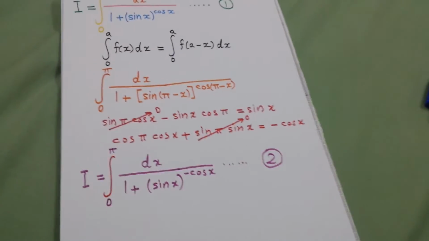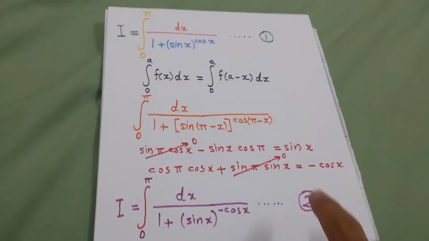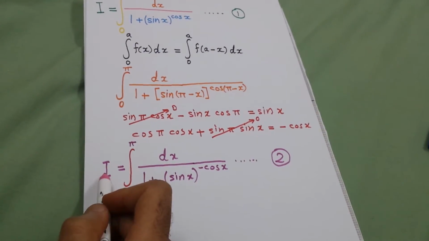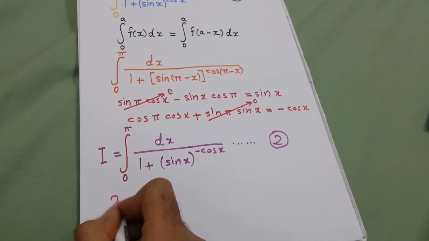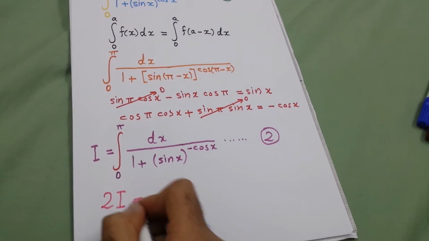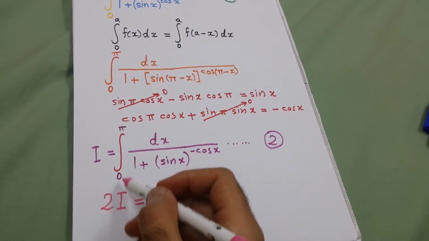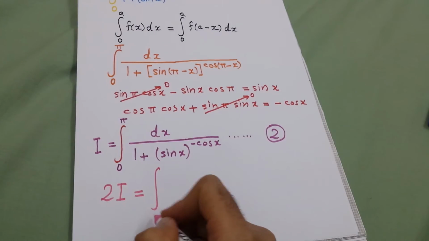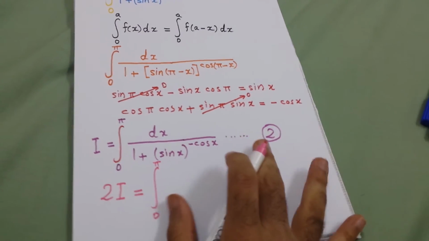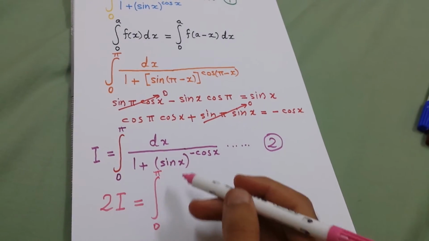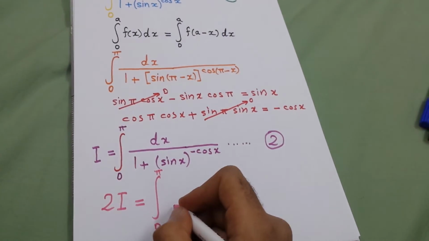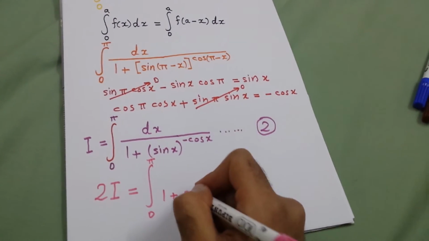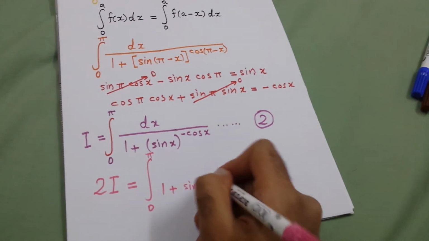Now we will add these two equations, 1 and 2. So the left side is I and I, it will be 2I, and the limit is the same, so we will add these functions just from 0 to pi. When we add these two equations, we have 1 plus sine x to power cosine x.